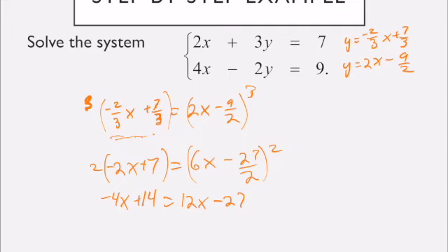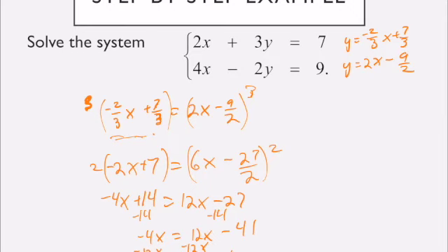I'm going to subtract 14 from both sides. That gives me negative 4x equals 12x minus 41. Then I'm going to subtract 12x from both sides. I have negative 16x equals negative 41. Then I divide both sides by negative 16.